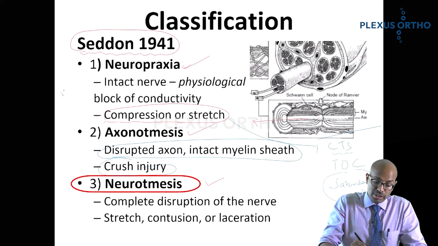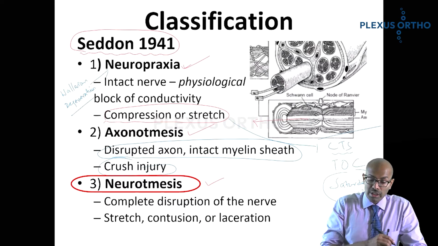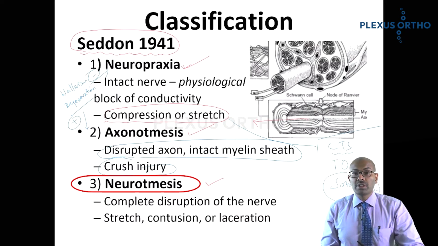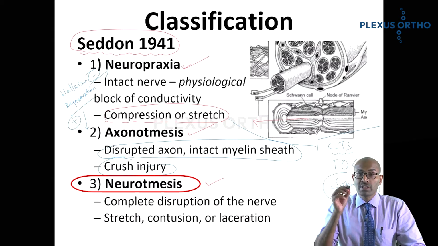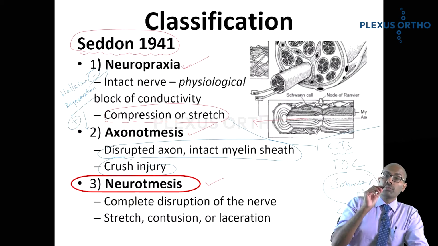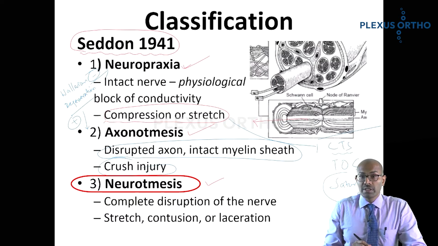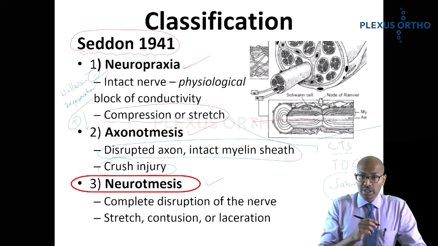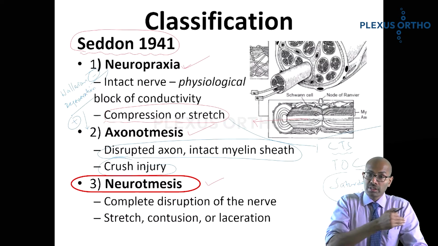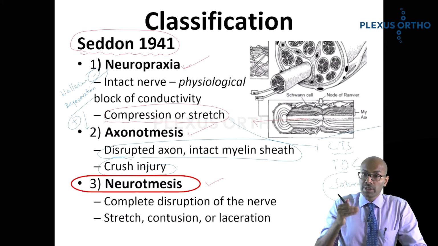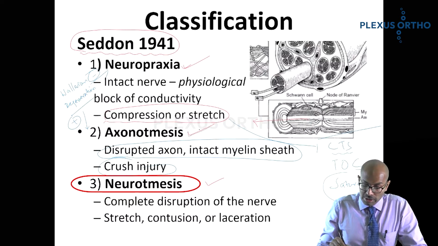Wallerian degeneration does not occur in neuropraxia, but it does occur in axonotmesis. So whenever Wallerian degeneration occurs, you will have a positive Tinel sign. A progressive positive Tinel sign indicates that the axon is trying to grow back through the disrupted endoneurium. So this is called axonotmesis.